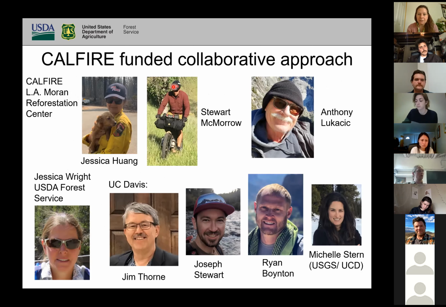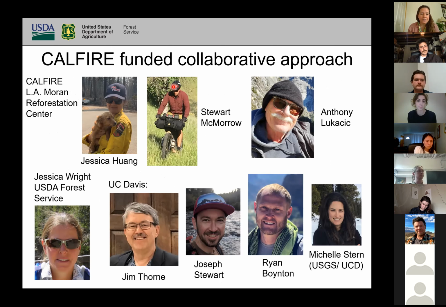So I've got a team working on this project together, and we are funded by CAL FIRE, which is the California State forestry department. They focus a lot on fighting fires. Jessica manages the seed bank at the L.A. Moran Reforestation Center. That's the California State Seed Bank. Anthony is the director of the Reforestation Center, and Stuart is a deputy chief for reforestation.